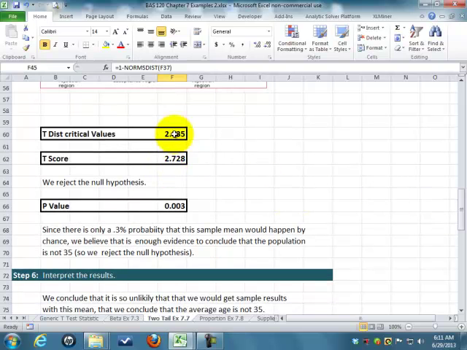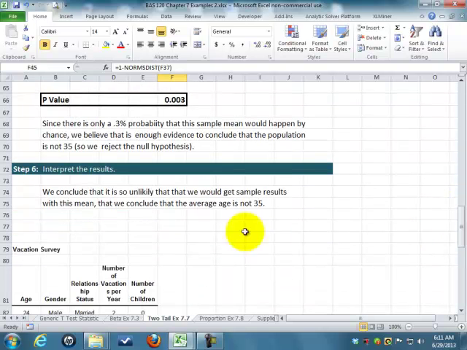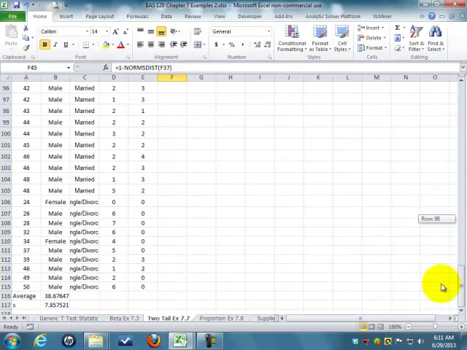Our test score is in the rejection region compared to the critical value, and our p-value is extremely low, so we'll reject the null hypothesis. So we'll conclude that it is so unlikely that we would get these results that we can conclude that the average age is not 35. And there's all the raw data, and there's where we calculated the mean and the average. So that's a two-tailed t-test.